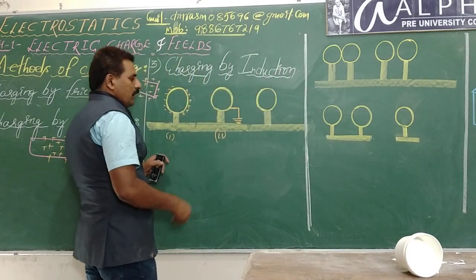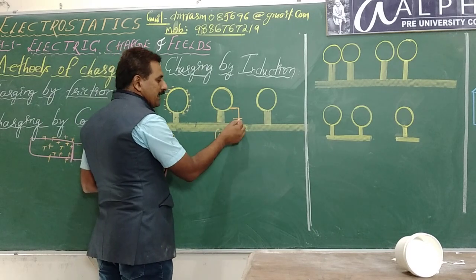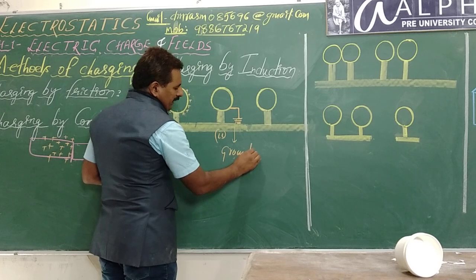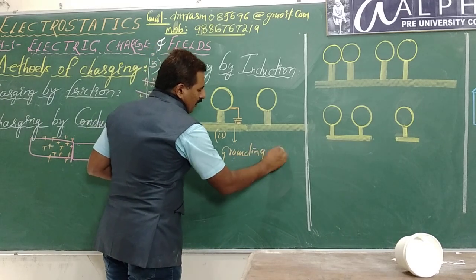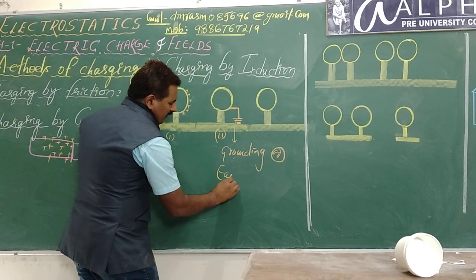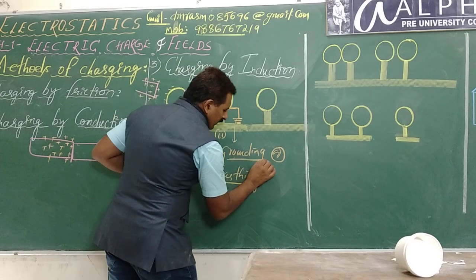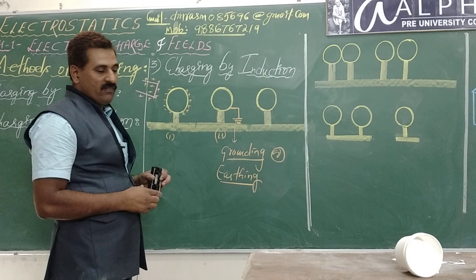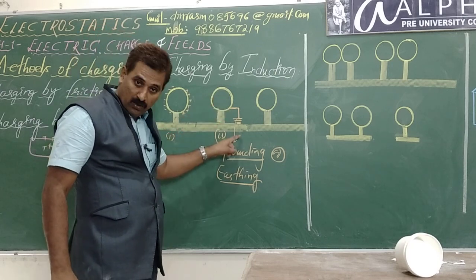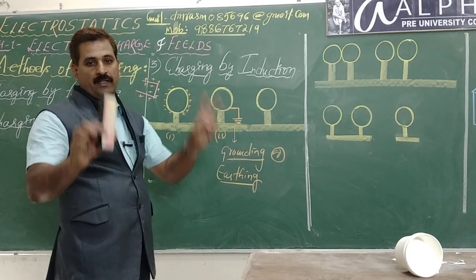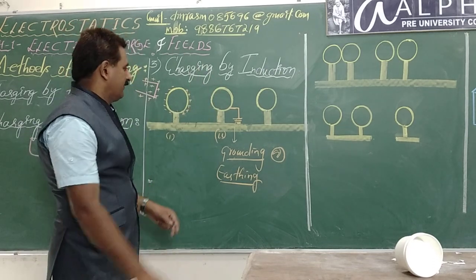Connecting a body to ground using a conducting wire. This is popularly known as grounding or earthing. Remember students, earthing or grounding is a method of connecting a body to ground to share electrons between the ground and the body. Electrons can be easily transferred.